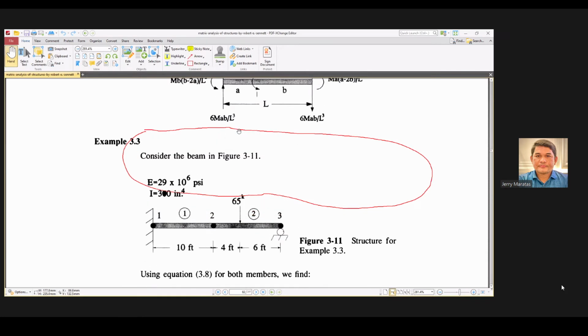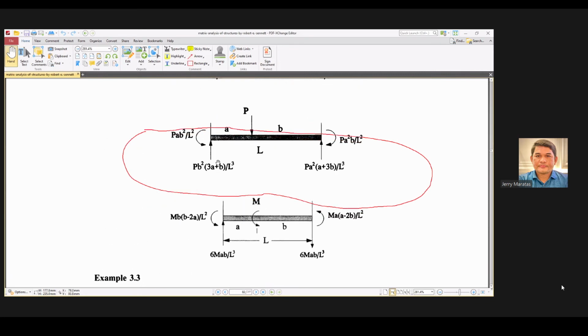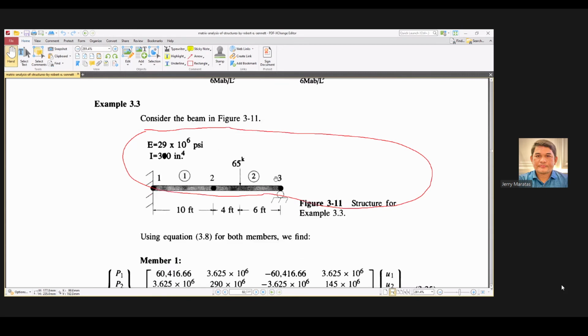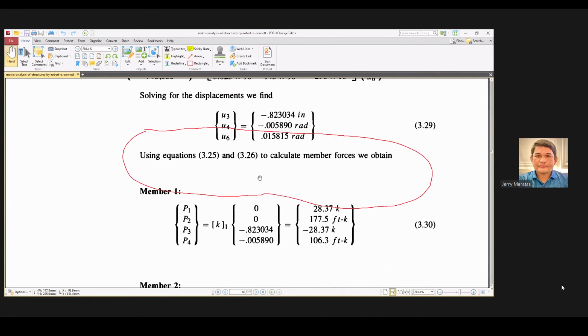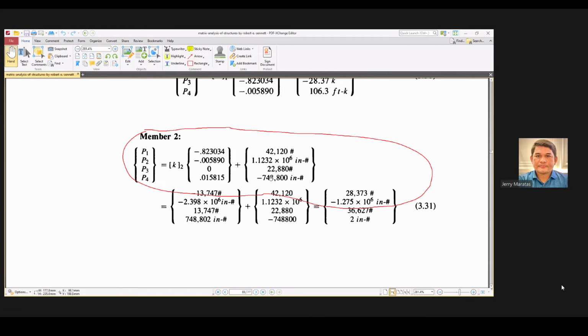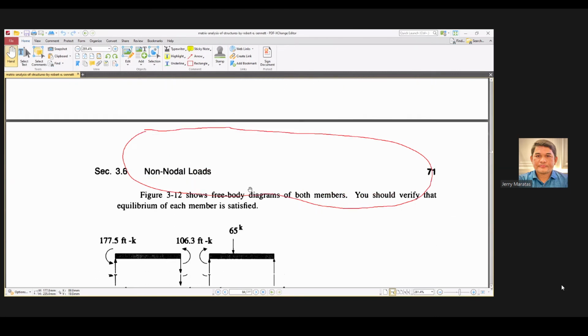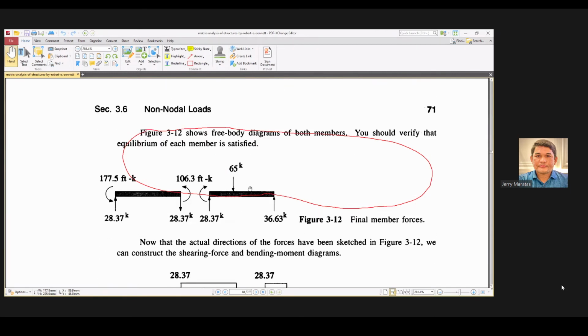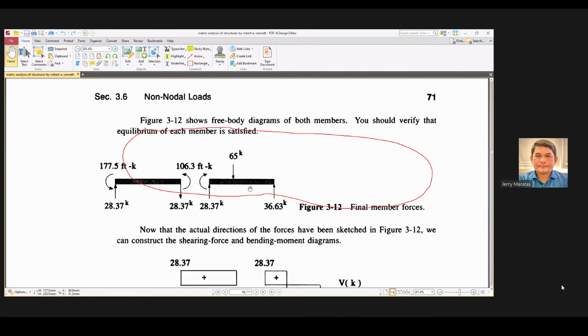So you use the fixed end forces, the moments PL squared over L squared, the reactions. So that's magamit na nimo pag-solve sa mga member forces. By using the principle of superposition, just like what we have discussed in detail for one-dimensional bars, for the member forces you have to take into account those fixed end forces.